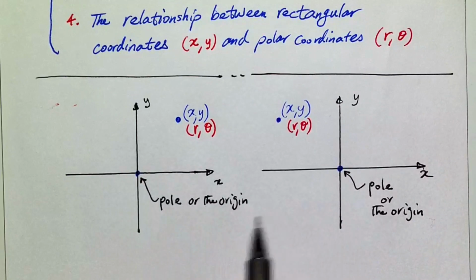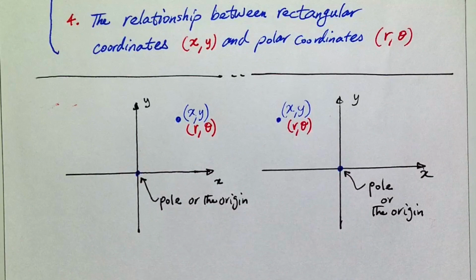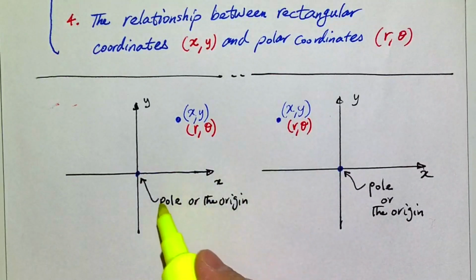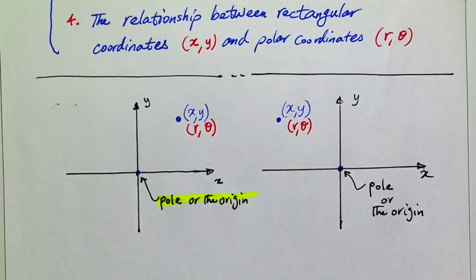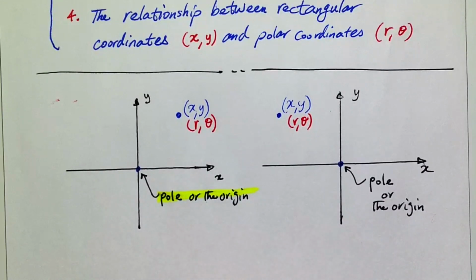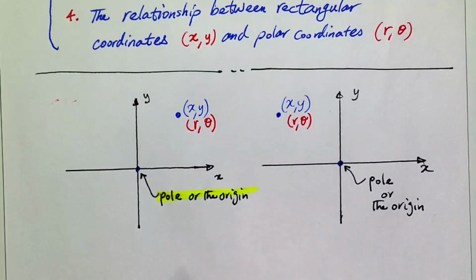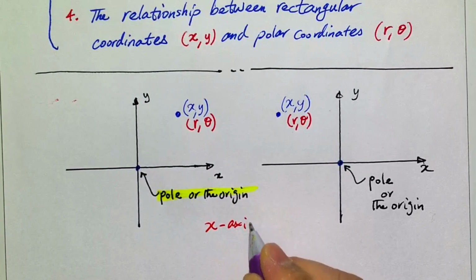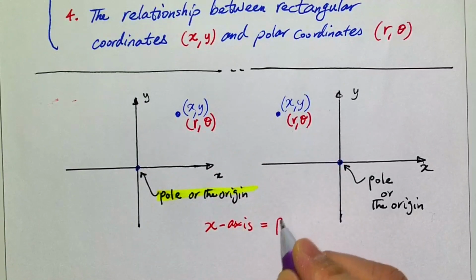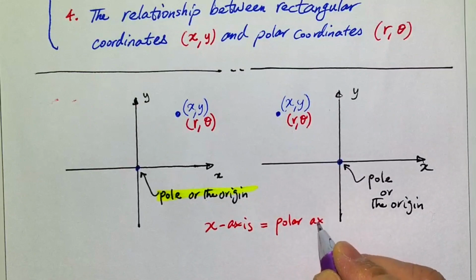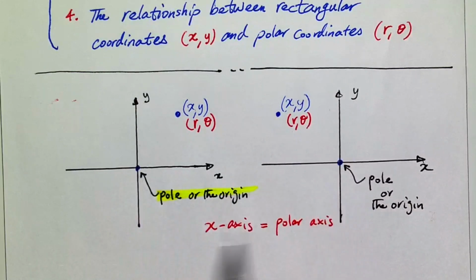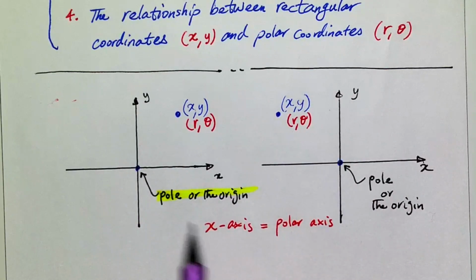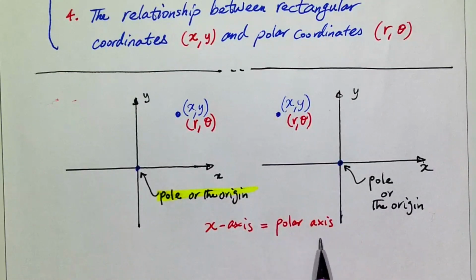If that's the pole, then what is the polar axis? That is the question. The polar axis is the x-axis. So let's write that down also, that the x-axis is equivalent to the polar axis. So the origin is the pole in the polar coordinate system, and the x-axis is the polar axis.